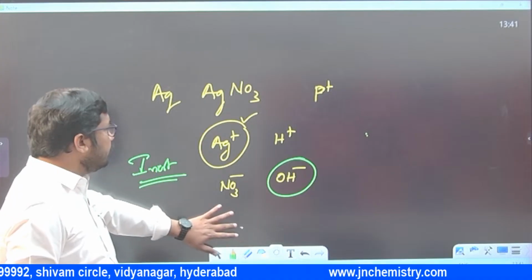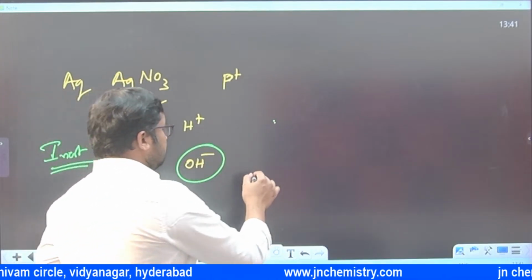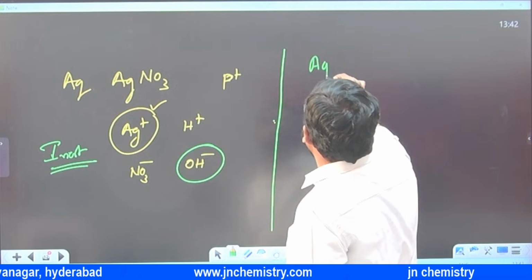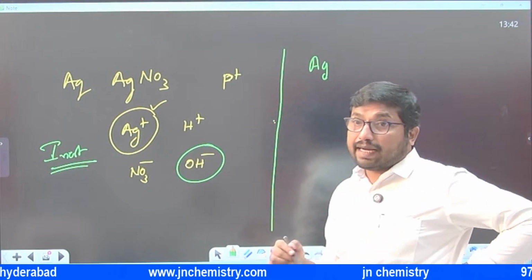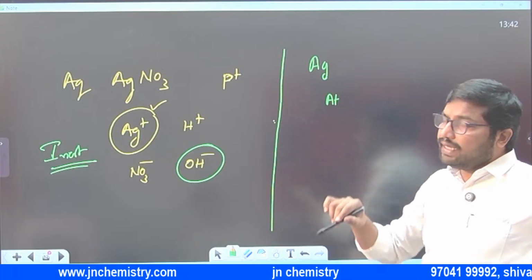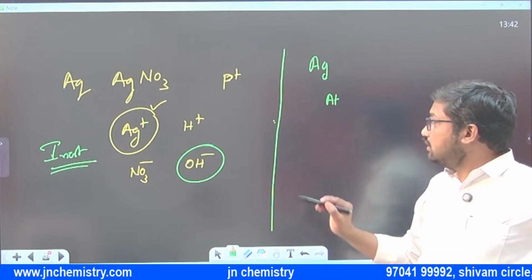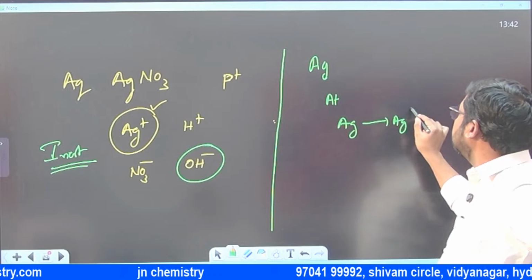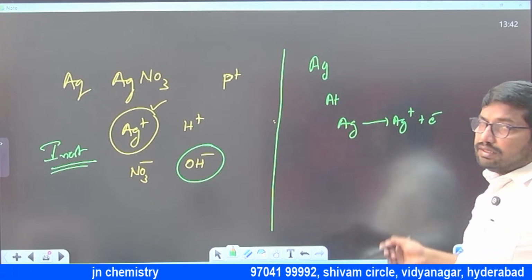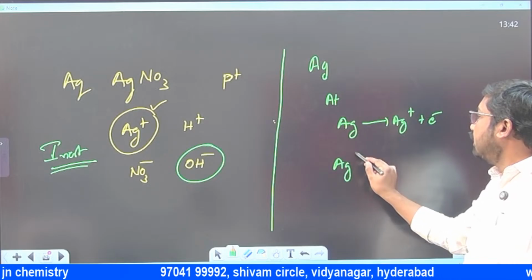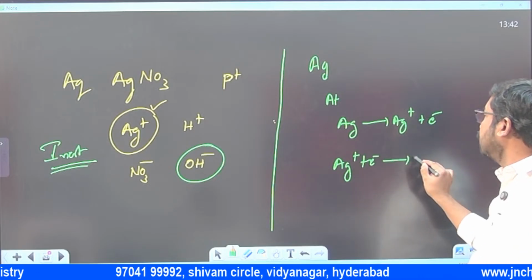For example, if you are using the active electrode, silver active electrode. Active electrode means what? At anode and cathode, only Ag will participate in the reaction. Ag gives rise to Ag plus plus electron. This is oxidation at the anode. And at the cathode, Ag plus plus electron gives rise to Ag.